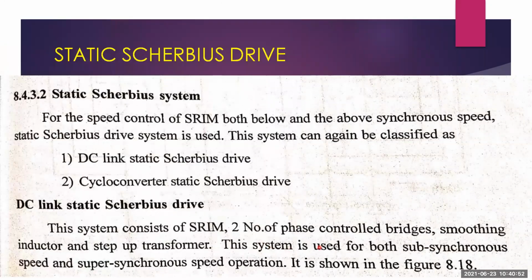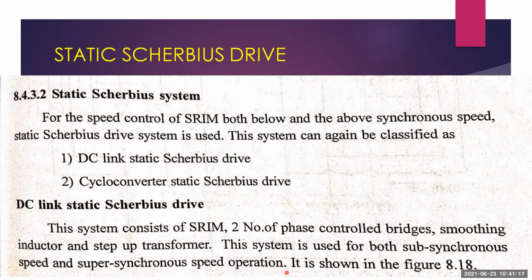This system is used for both subsynchronous and super synchronous speed of operation. Subsynchronous means below synchronous speed, and super synchronous means above synchronous speed. The static Scherbius drive operates in both ways.